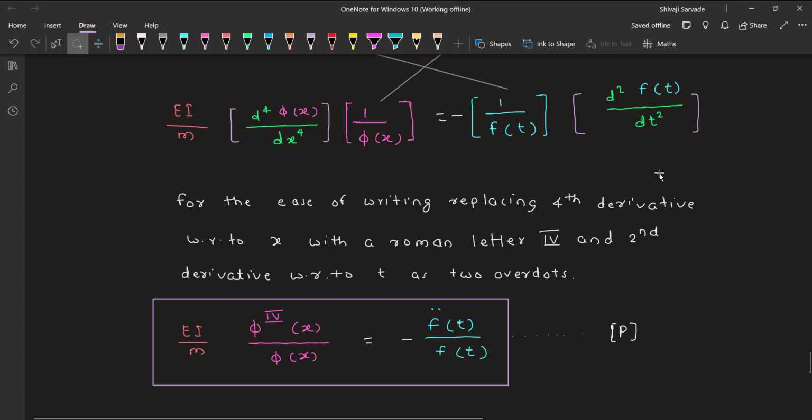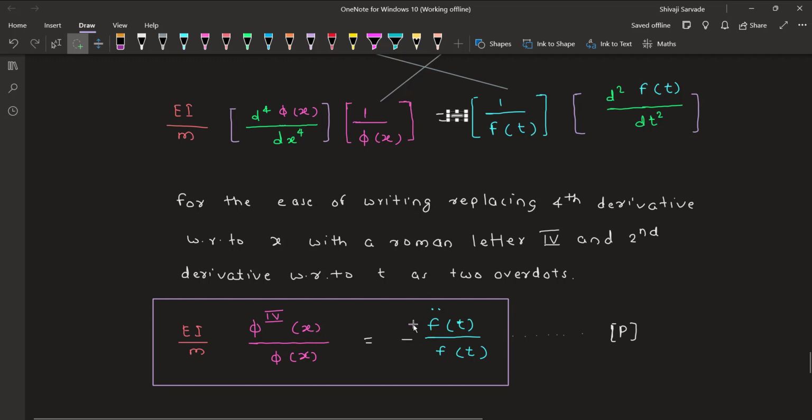Okay, now we'll replace this fourth differentiation for x with a Roman numeral and this second differentiation with respect to time with two overdots. This term becomes the fourth differentiation of φ(x), so φ⁗(x), and this φ(x) comes in the denominator, so φ⁗ upon φ(x) is equal to, now this minus stays here, if you can observe.